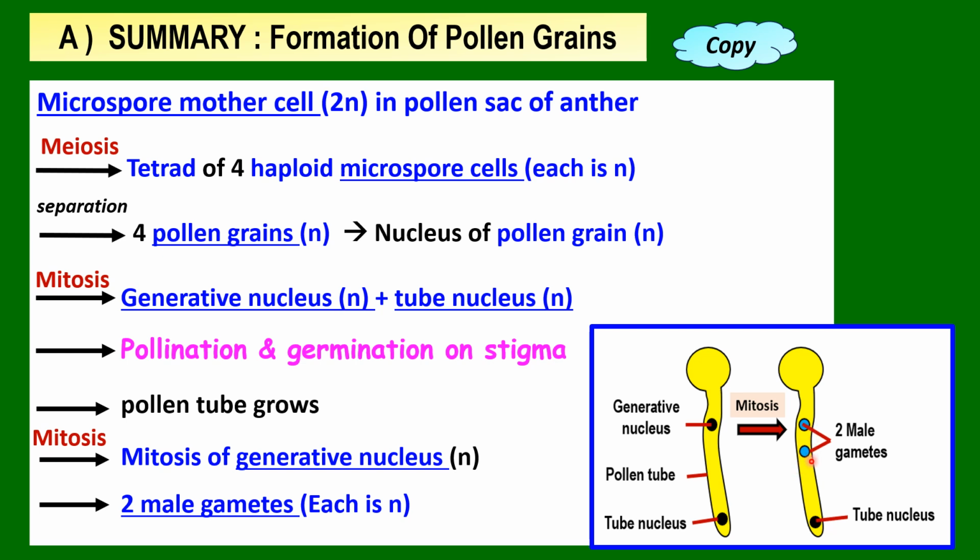Each of the male gametes is haploid. The tube nucleus doesn't undergo mitosis. The tube nucleus helps to guide the pollen tube down to the ovule in the ovary for fertilization with the egg cell.